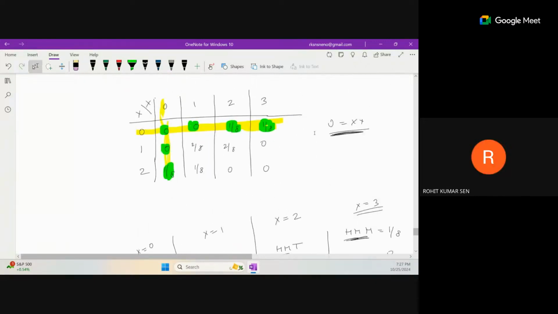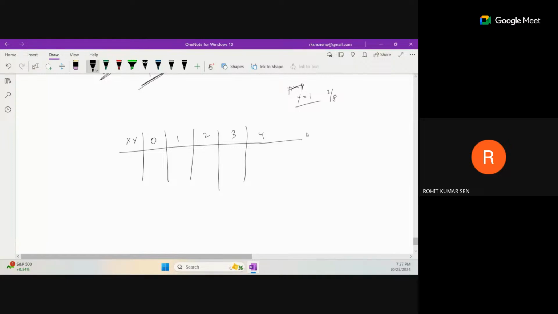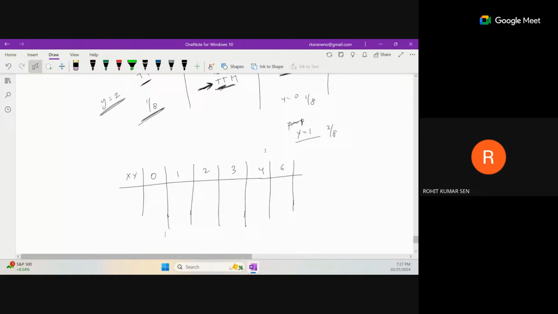And 2 into 3 is 6. Okay, so these are my possible values. I also need the probability of all of the values.